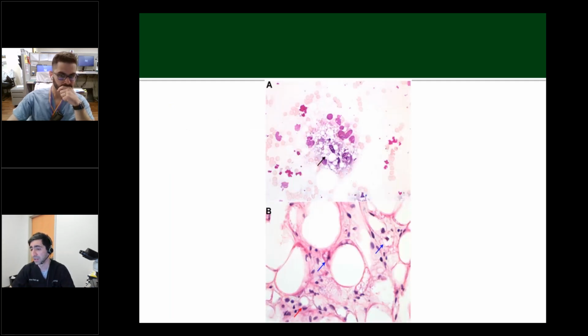So this is a case misdiagnosed on core needle biopsy as well-differentiated liposarcoma, but the final diagnosis based on the resection was fat-predominant angiomyolipoma.